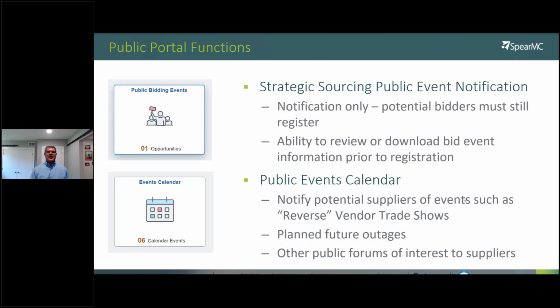What else is there? On the public portal, we can notify organizations that we have public bidding events. If you do want to do public outcall, notification of events, you simply flag them as public, which means you don't have to be an approved bidder or supplier on the secure portal to see them. Anyone who has access to the public portal can see them. But be aware, all you can do is see them and download the event information.